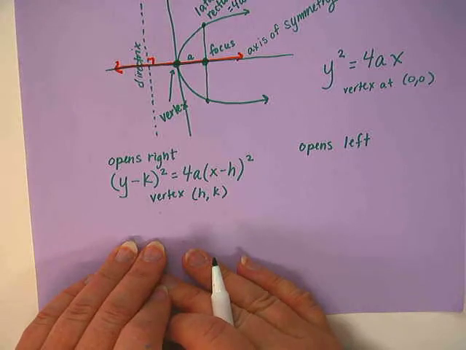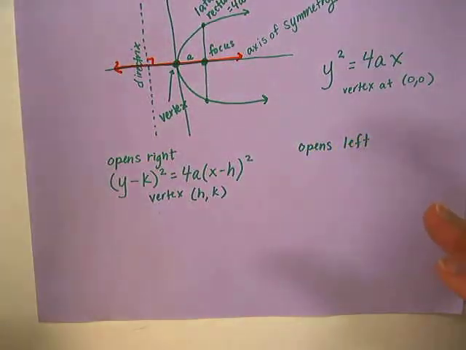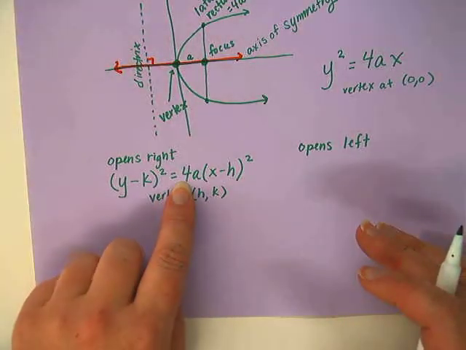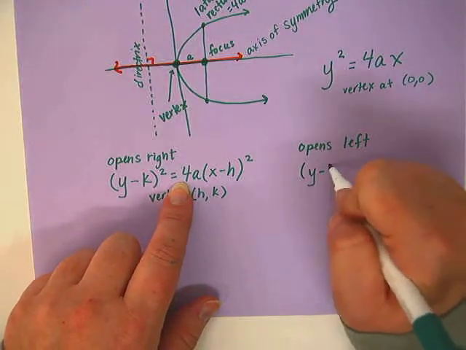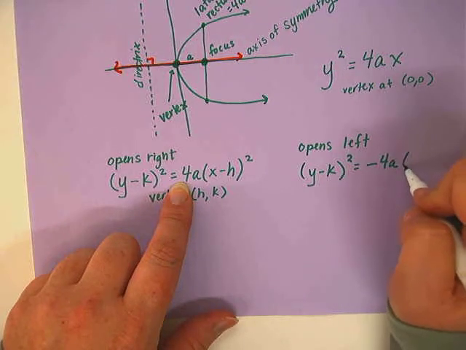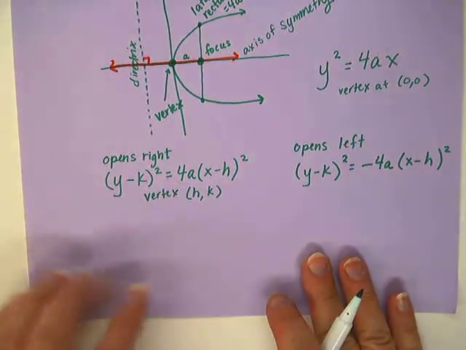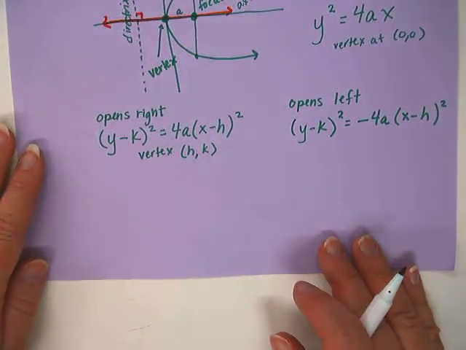Alright, so help me with one that would open to the left. What would that look like? Opening to the left would be the reflection of opening to the right. So all it would do is include a negative here at the front. That's the only difference. So it's going to be y minus k squared equals negative 4a times x minus h.